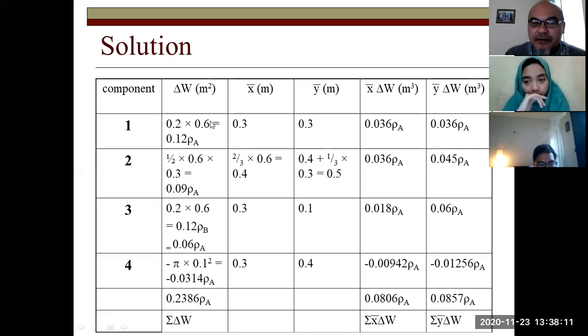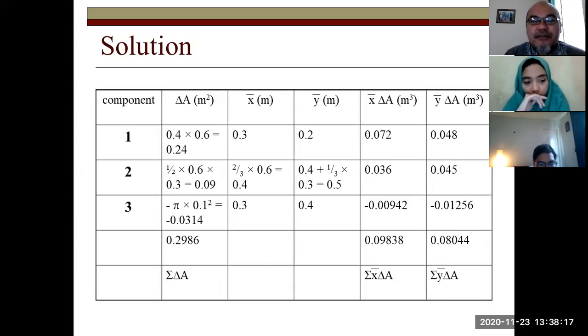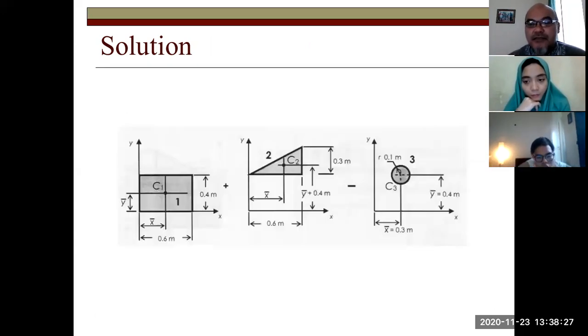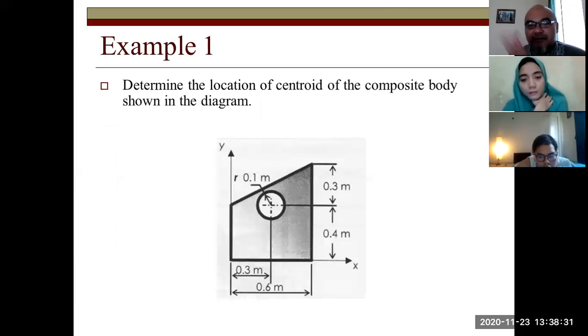So remember, if you pay some attention, in the previous example we do not really care about the density. We do not put the density into the calculation because the density is homogeneous throughout the whole structure in the first example. That's why the density is cancelled between the numerator and denominator.